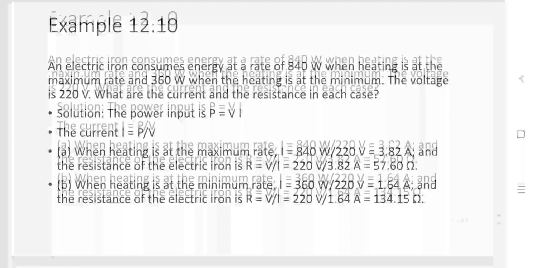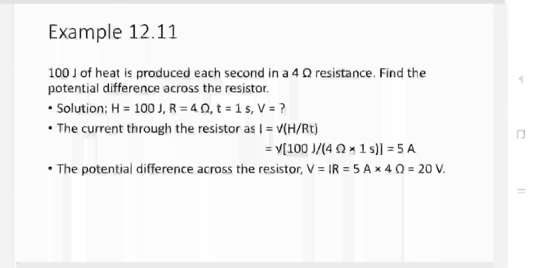Now the next example: if 100 joule of heat is produced each second in a 4 ohm resistance, find the potential difference across the resistor. Heat is given as 100 joule, R is given as 4 ohm, time is given as 1 second. We need to calculate V. Heat equals I square Rt.